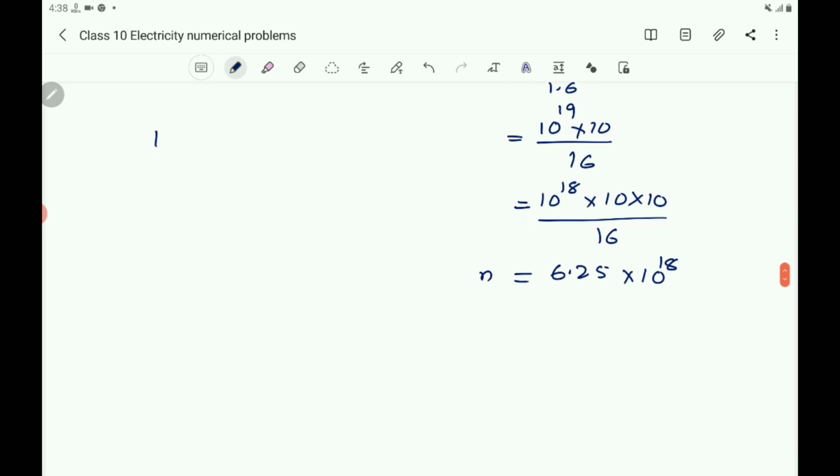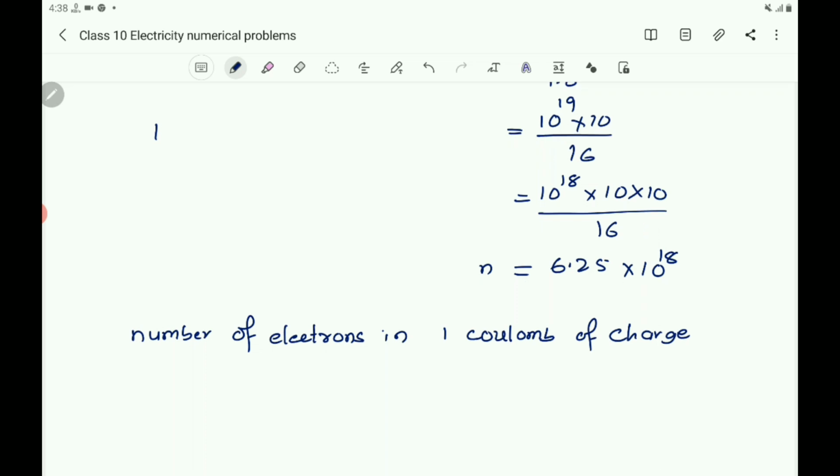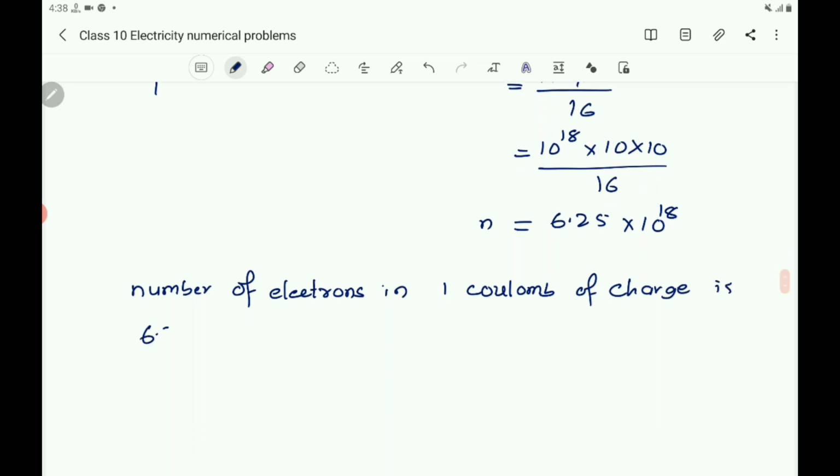That is, n equals 6.25 into 10 to the power of 18 electrons, the number of electrons in 1C charge, 1 coulomb of charge.